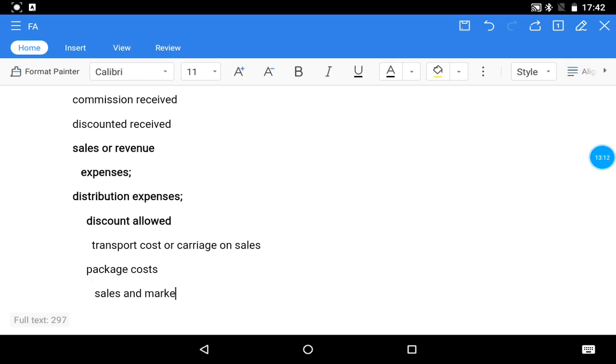You hire some energetic people to go moving shop to shop, doing advertising, telling them, you see this new product, it is called this and this, it is used like this. The amount of money you are paying those people who are marketing your product is under distribution expenses, because you are making people get to know about your product. Also we have advertising.